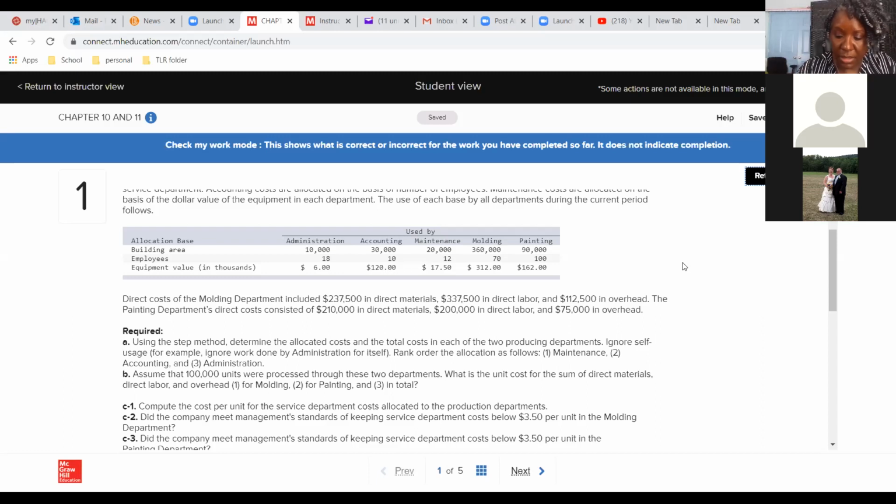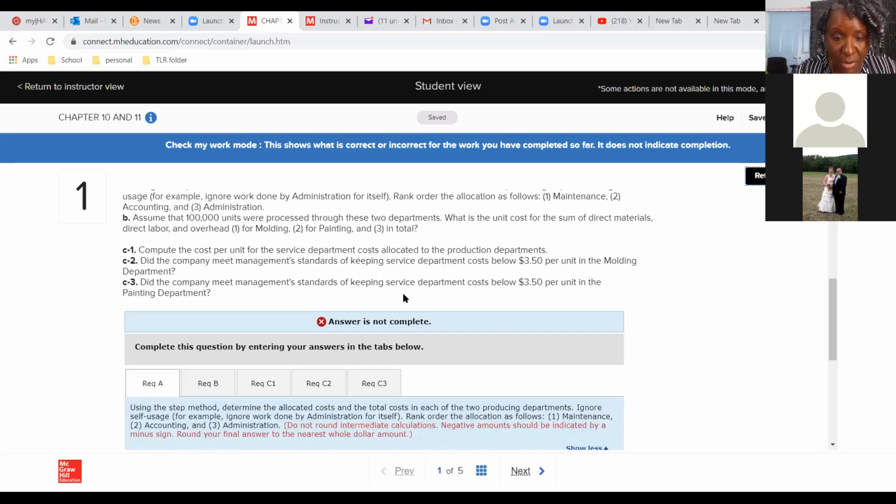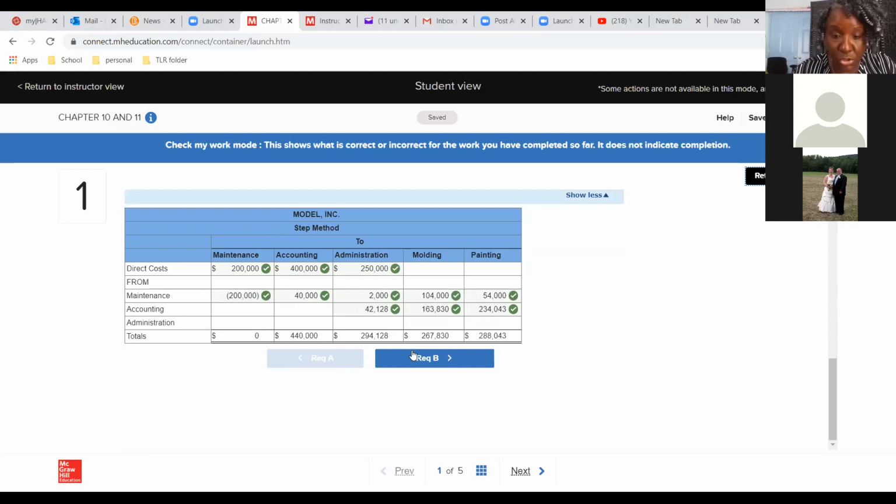Now if we take the two items here and find the pro rata, we say 360,000 over 450,000, 90,000 over 450,000, and we're going to multiply that number by our accumulated cost, which is 294,128.